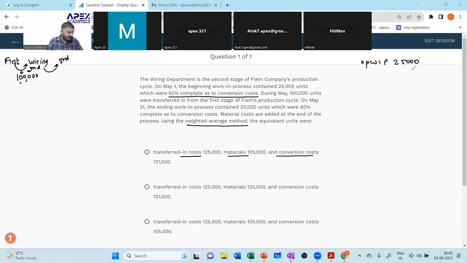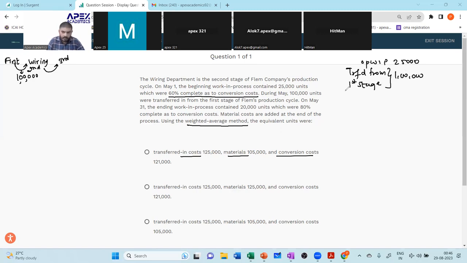Opening WIP is 25,000 units. What is transferred from the first stage? 1 lakh.